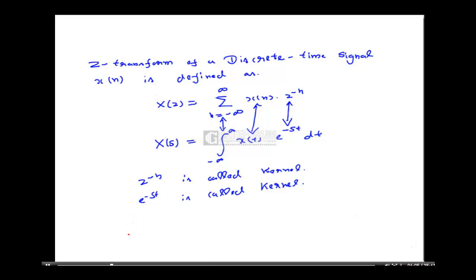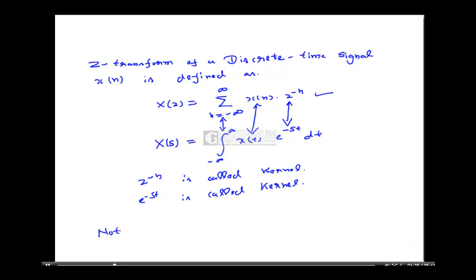Next, since the Z transform is an infinite power series, we can see from here that it looks like an infinite power series. So it should exist only for those values of Z for which the series converges.